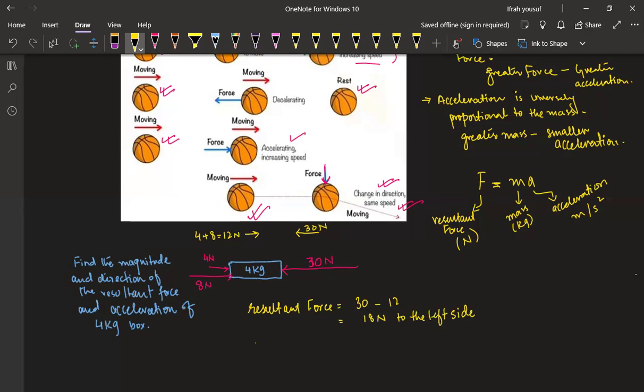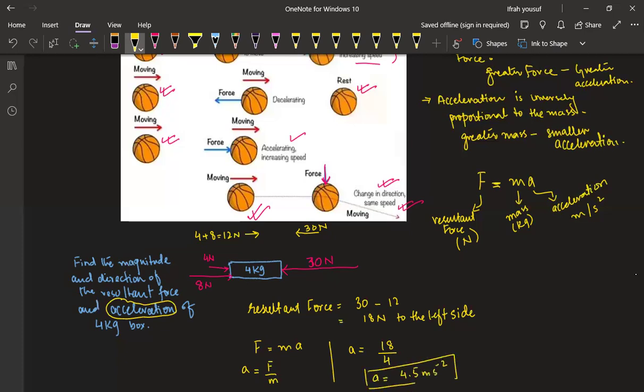Now we can apply F equals ma. Because they are asking us to find the acceleration, we make acceleration the subject. F divided by m is going to be a. So 18 divided by 4 is 4.5 meters per second square.